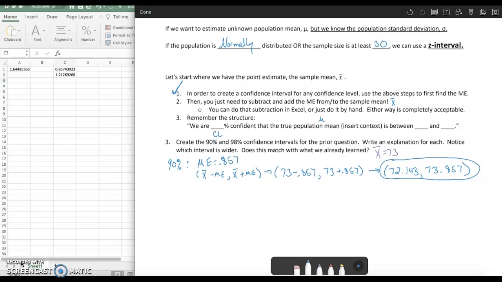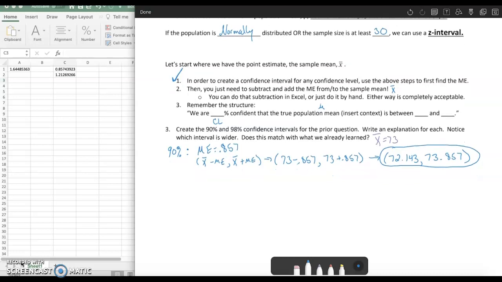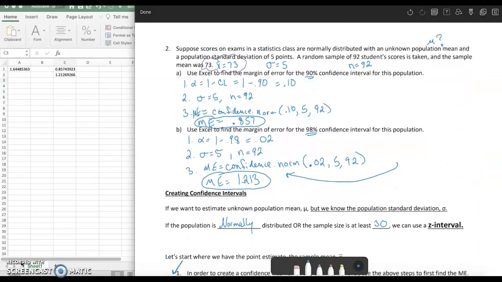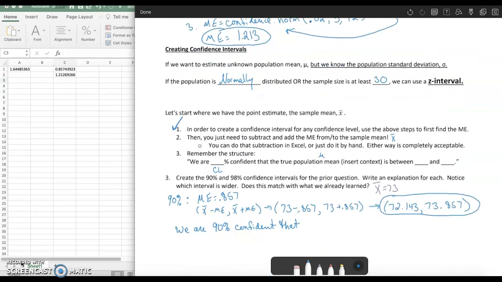Now, if you're asked to interpret this, this is where I would go to that sentence structure, and I would say something like, we are 90% confident that, okay, what is our population parameter mu here? What were we talking about? We're talking about scores on exams in a statistics class. The mean score of these exams is this population mean that we don't know.